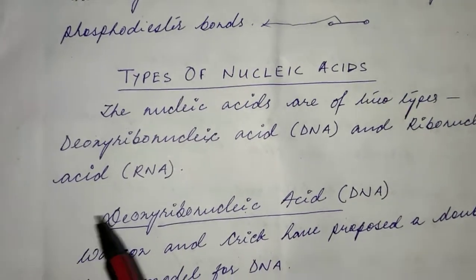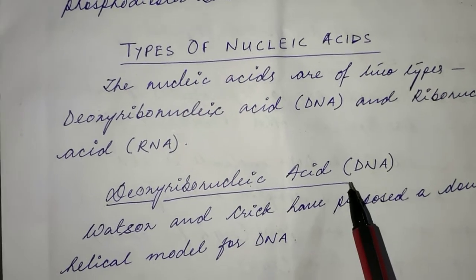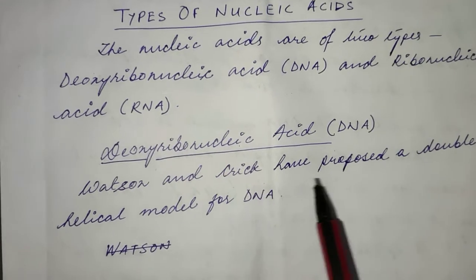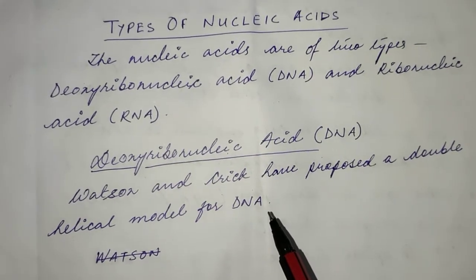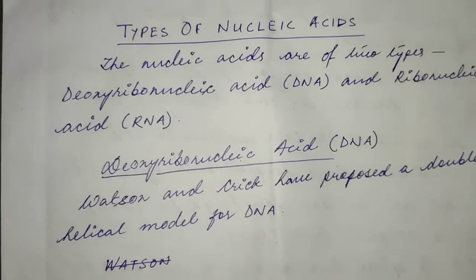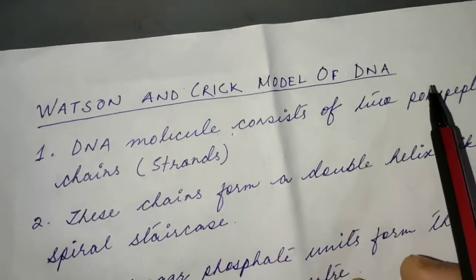So here we will discuss one by one. So what is deoxyribonucleic acid? Watson and Crick have proposed a double helical model of DNA. So that model we will discuss now. The Watson and Crick model of DNA.